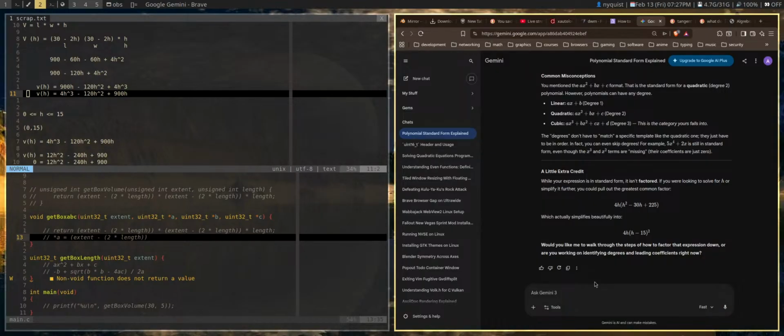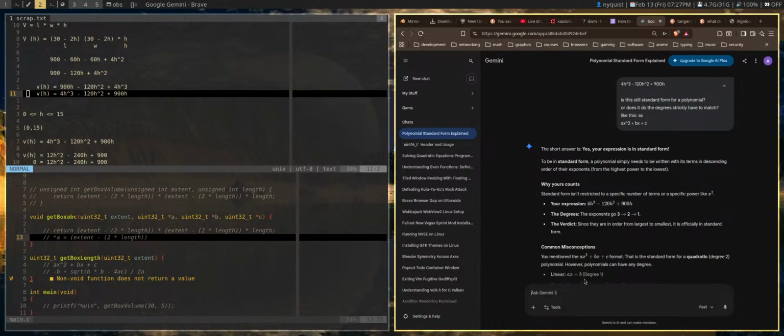Can you plug... I'm just going to ask. What if I were to plug that equation into the quadratic formula? Would 4 be A, 120 be B, and 900 be C?